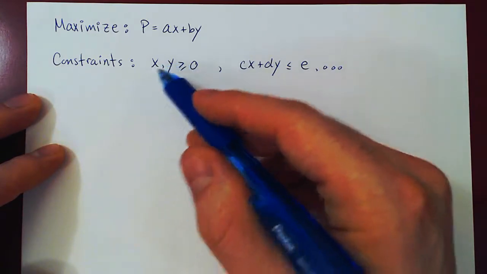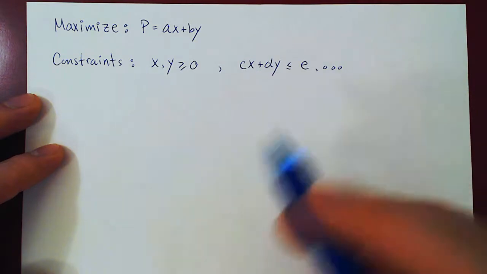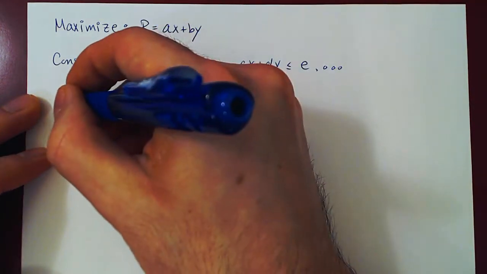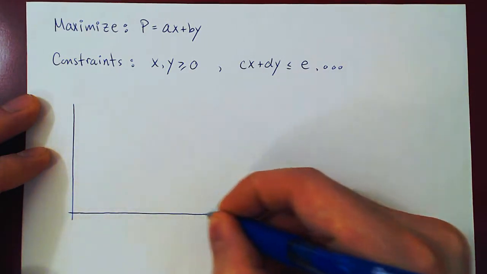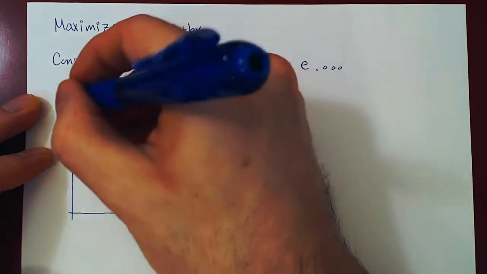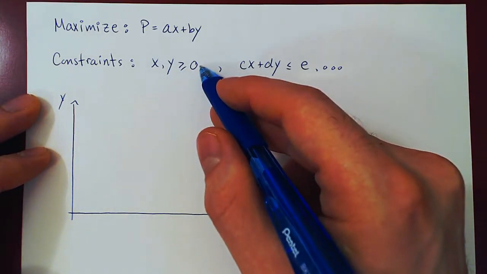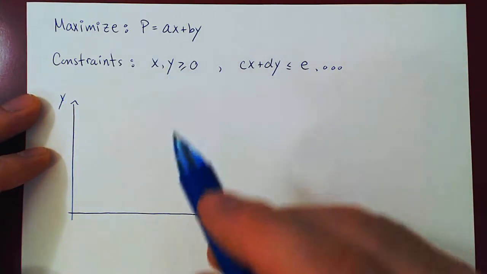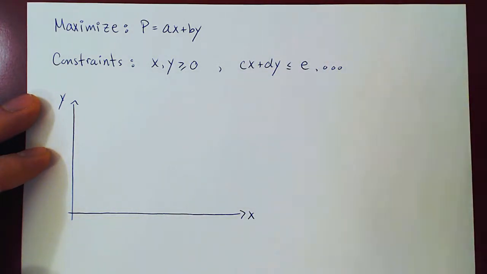As we're dealing with two variables, we can visualize these constraints in the xy plane. As both x and y will always be non-negative, we'll always be not only in the xy plane, but in the first quadrant of the xy plane.